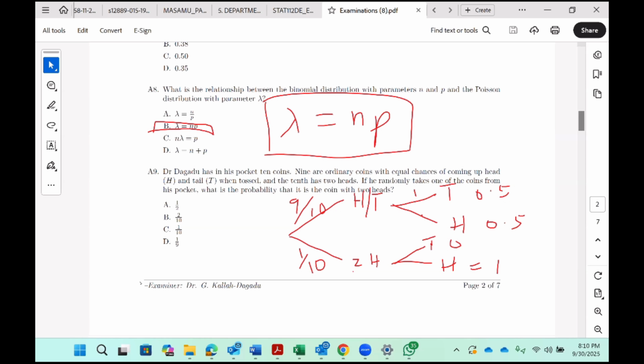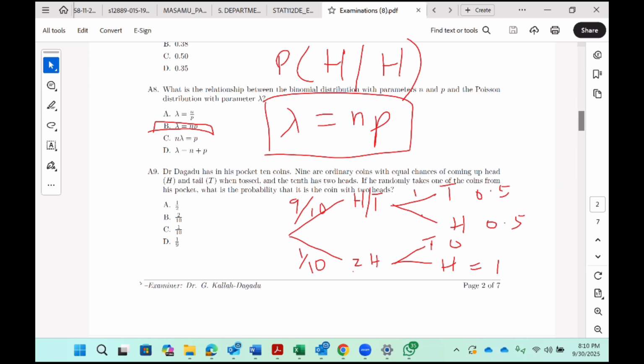Okay. So we have to find the probability that it is a head given that it is originally also a head. When it was a head, conditioned that it is also a head, so it's the two-headed coin. It has two heads.